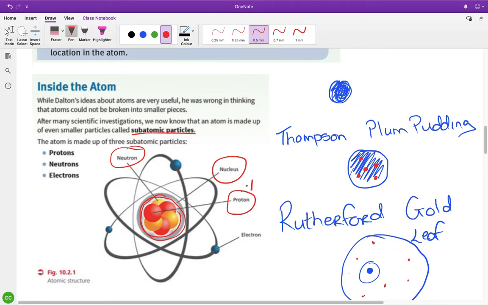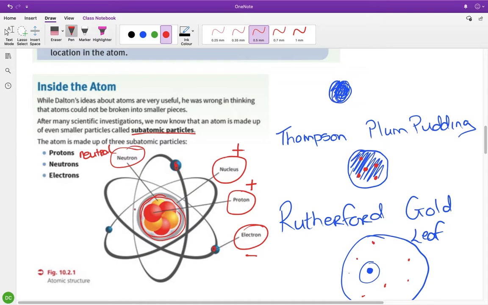The protons are positively charged, and the neutrons, you can get it from the name, are neutral. So overall, the nucleus is positively charged because it's holding positive charge and neutral charge, which means overall it's positive. Okay, and then out here in the rings, their picture of rings is much nicer than mine, but out here in the rings, these little balls represent the electrons, and the electrons are negatively charged.